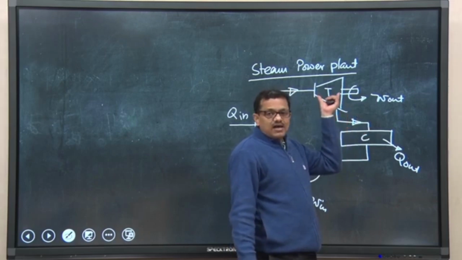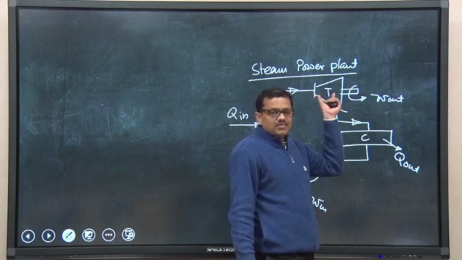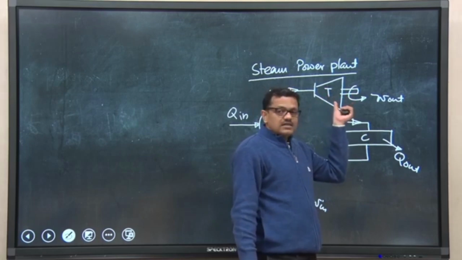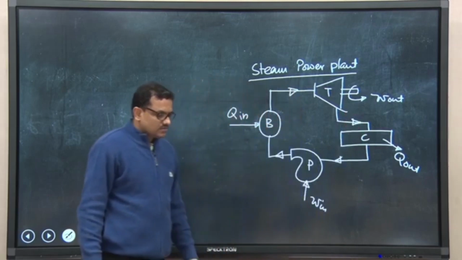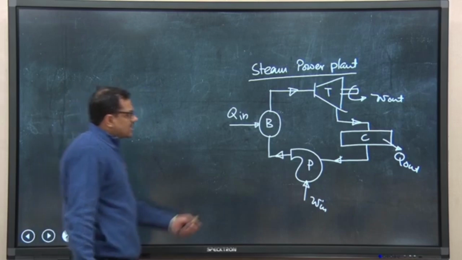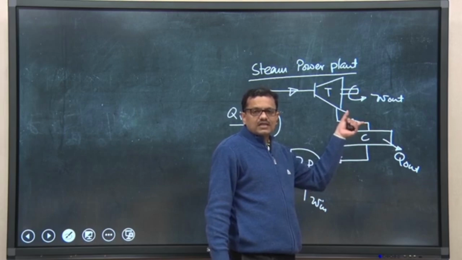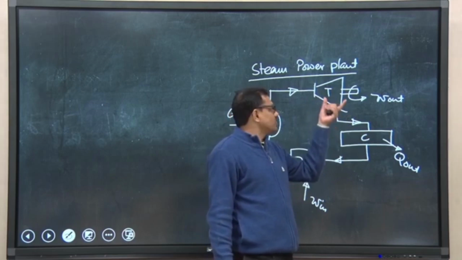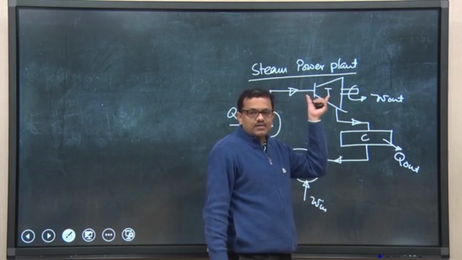So, turbine is a device in which high pressure, high temperature steam is doing some work and that steam is leaving the turbine which is having low temperature. So, and that temperature is almost the condenser pressure. So, basically temperature has dropped, pressure has reduced, and at the cost of this reduction in pressure and temperature, we are getting some work output. So, that energy conversion takes place in the turbine.